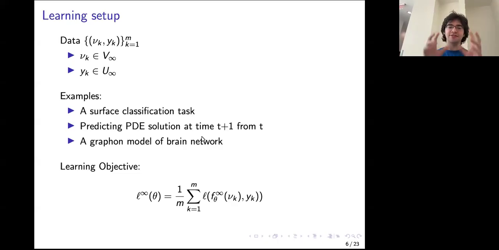All of these are infinite dimensional objects. And we want to think of a learning problem where we can learn a theta that minimizes the loss on these data points. One thing I want to make clear is that one data point in the infinity would be one object. So if we have a finite sample point cloud from that, we would have n points in the point cloud, but it would correspond to one element in the data set.